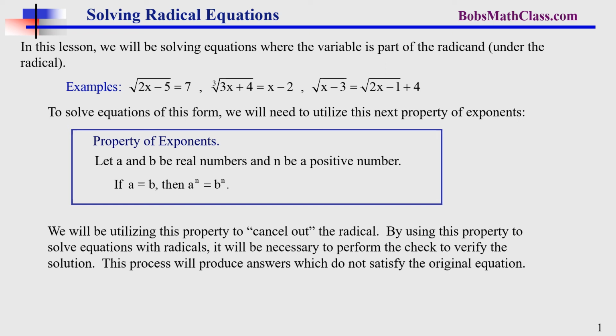So you can do everything correctly, and it may give you an answer that doesn't work. It's called an extraneous solution. I'll write that down. Anyway, the check is necessary. Normally I would tell my class, if you want to do a check, that's fine, if not, no problem. Here you have to.